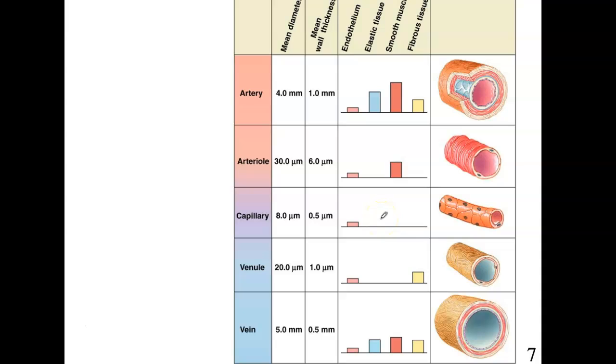But do they have muscle? Do they have smooth muscle? Well, the arteriole does a little bit. It loses it in the capillary, none in the venule, and some in the vein. So the diagrams help a lot. A vein is similar to the artery, but much less smooth muscle, much less elastic tissue.